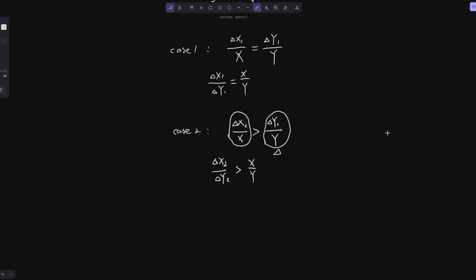Now imagine the user reduced token A to delta x2 prime, where delta x2 prime divided by X is equal to delta y2 divided by Y. In this case, the user will still get the LP tokens calculated according to this value, which is equal to this value.